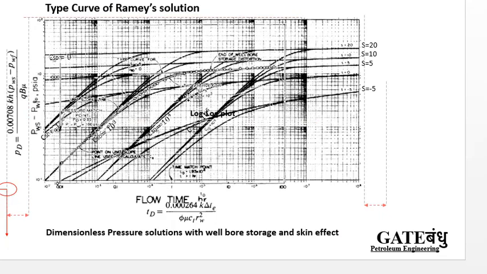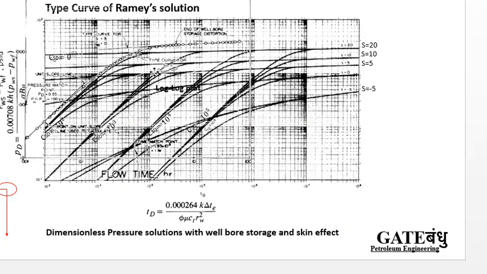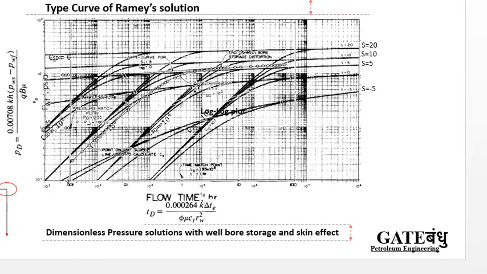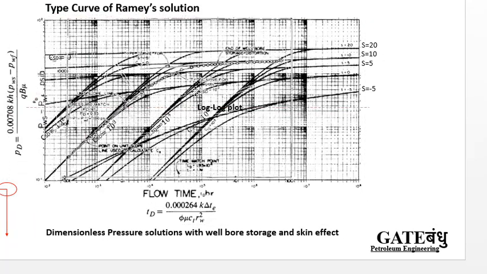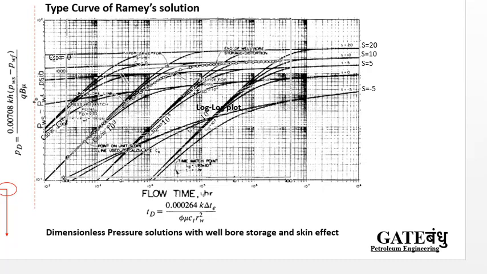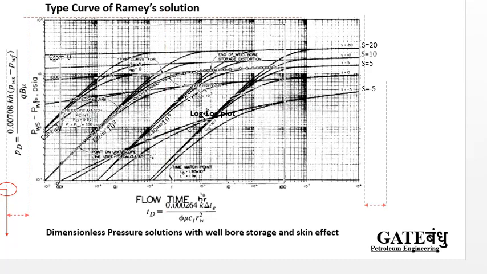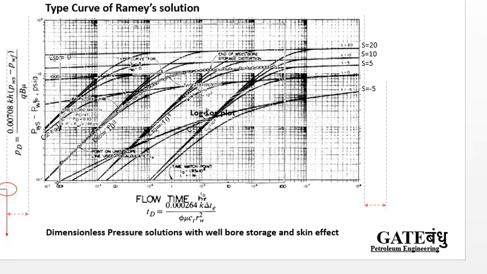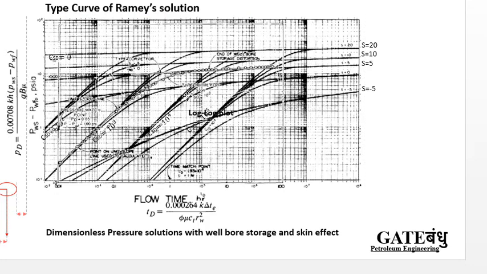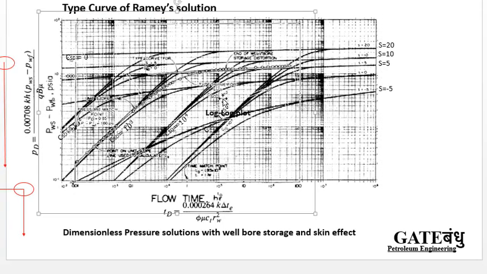We try to match our transient well test data over this, and wherever we get a perfect match, we say this is getting closer. Let us see, this is almost matching over this type curve and our actual well test data.